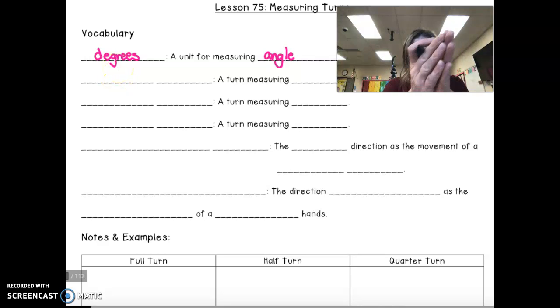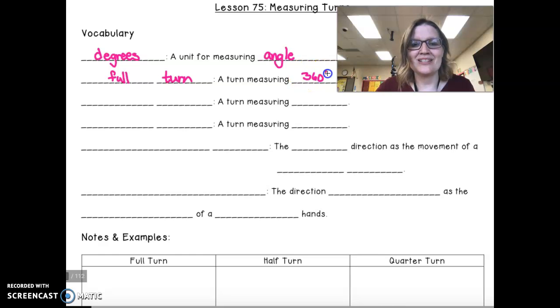If you were standing in one direction and you went to the other side, and you kept going, you went around, I'm on my chair, went around, and you came all the way back. That full turn measures 360 degrees.